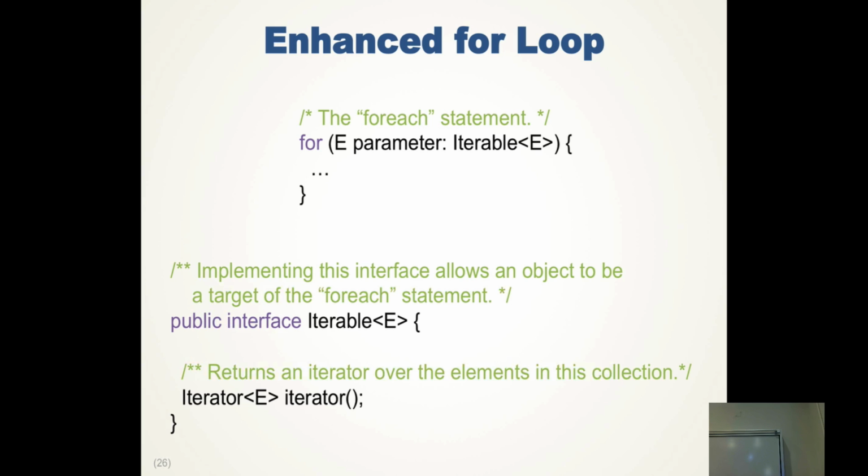So this is a very nice for loop: if you want to loop over all the things in the list, just say for E colon list, where the variable is the list, and you will then loop over each item in the list.